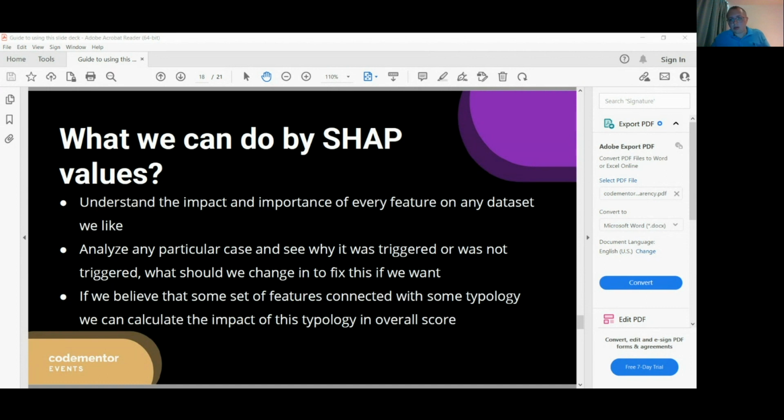Okay. For instance, I put into the chat a very good article about using Shap values. Or you can look at this, the package which I always use for this Shap computation.